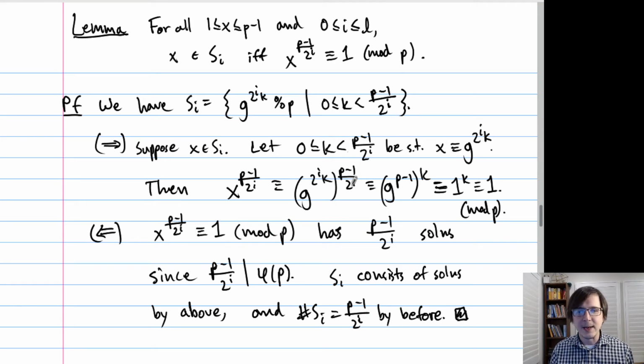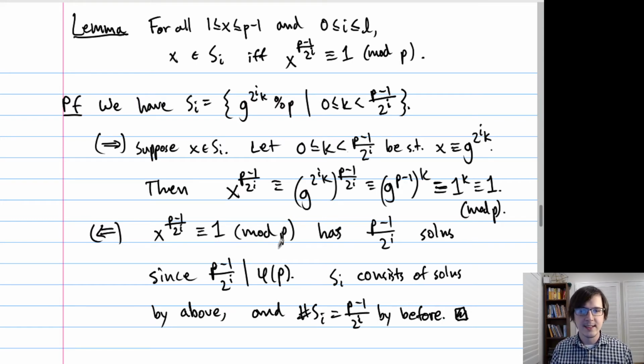We want to cancel them out so that we see that we have g to the p minus 1 to some integer power. But since g is a primitive root, well, actually just Fermat's little theorem, that's 1 to the k, which is 1 mod p. So definitely things in the set satisfy this condition.